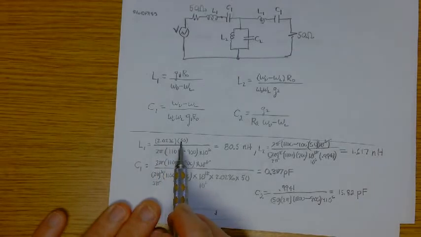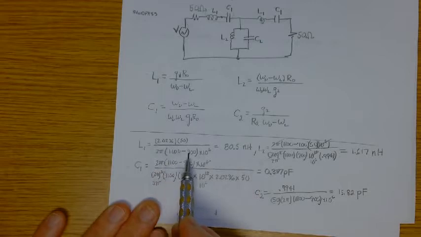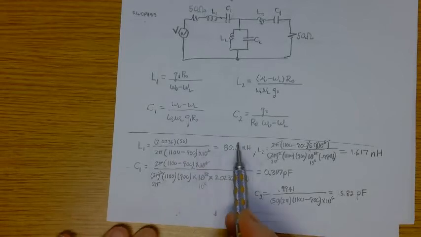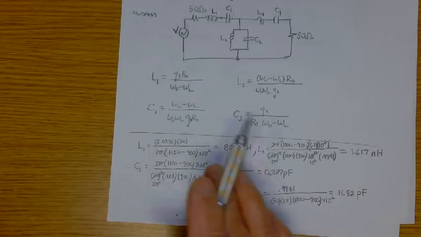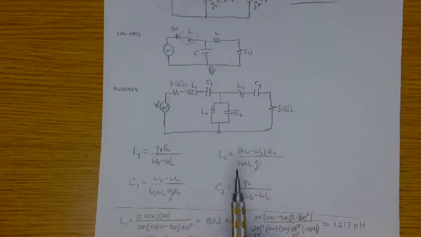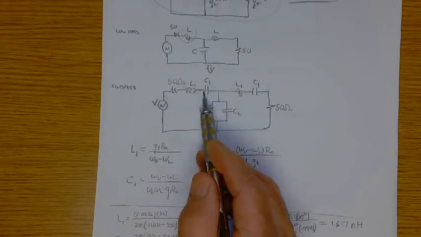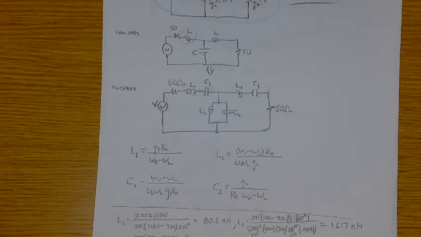L2, according to the formula from the table, is going to end up being 1.617 nanohenries. C1, according to the values in the table, is 0.3177 picofarads. You can look at my chicken scratch down here and see how I computed these numbers. And then C2 is the value from the table divided by 50 times 2 pi times the radian bandwidth.